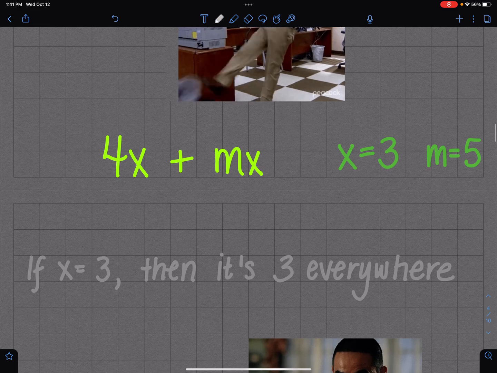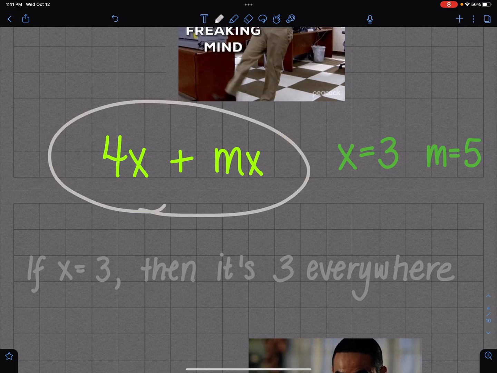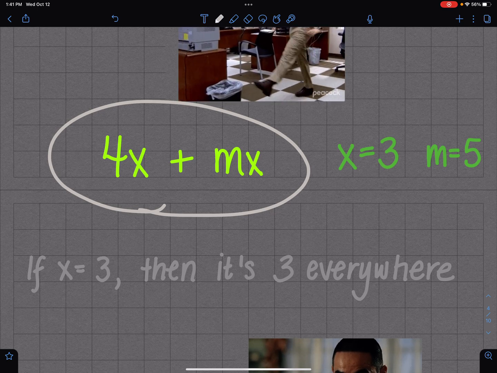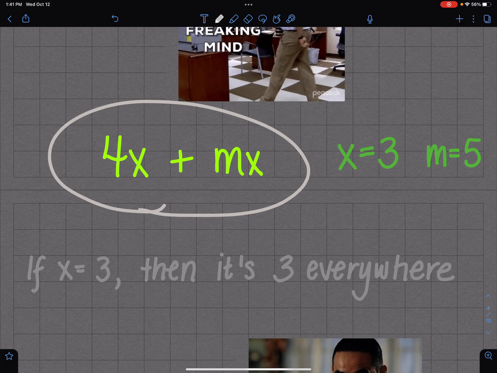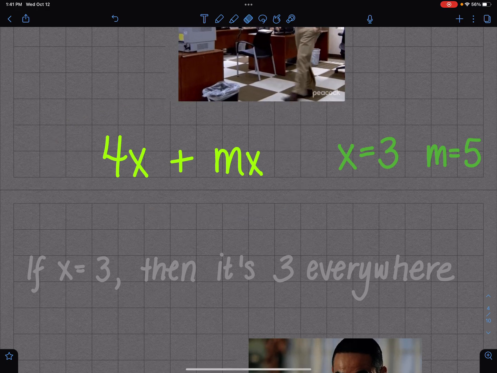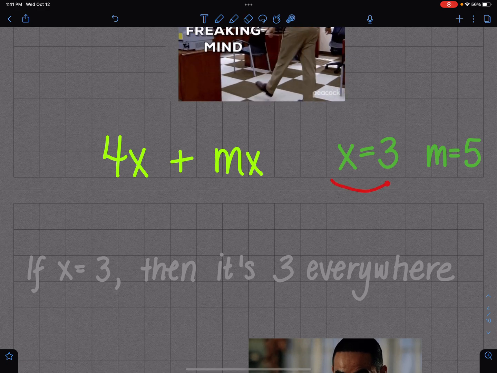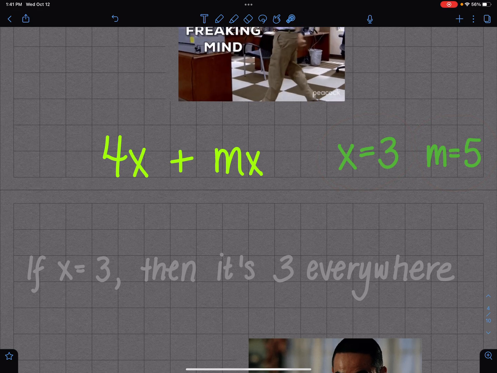Now, you can see where this is going next. They're going to start giving us algebraic expressions, and we're going to have to use order of operations because that's what we've been working on to figure this out. So if they give us something like this, then they're going to have to tell us x is equal to 3 or m is equal to 5. What do we do next?